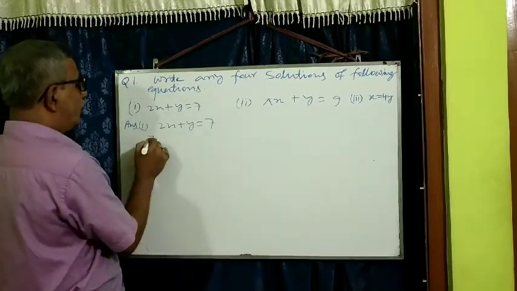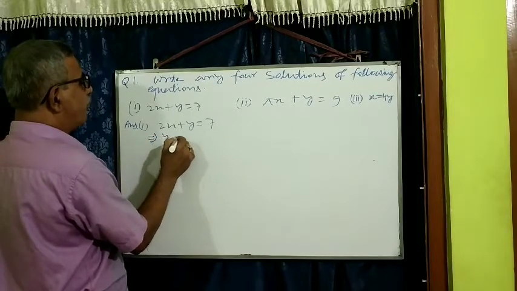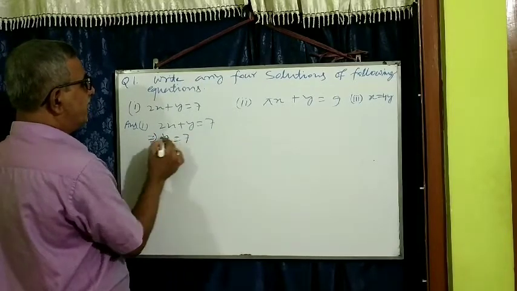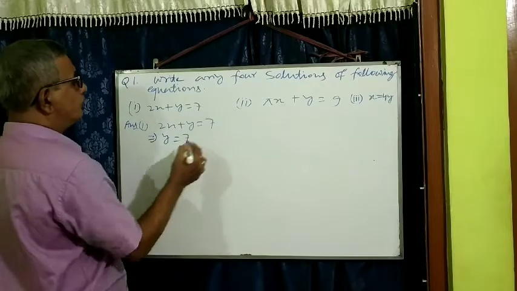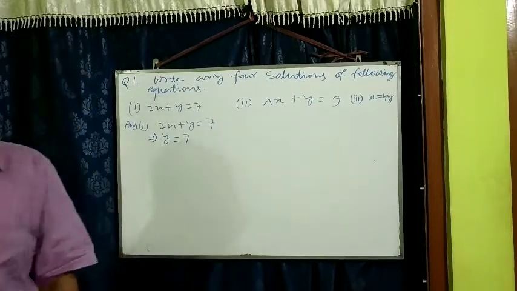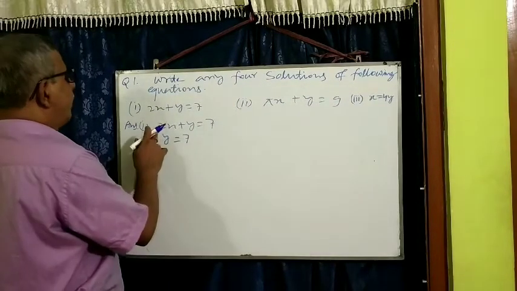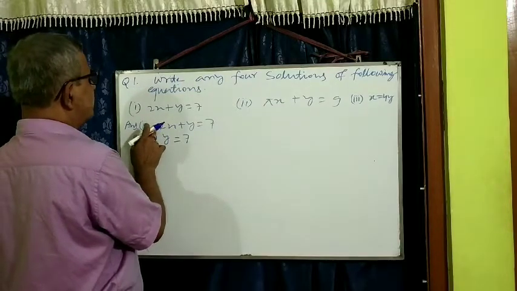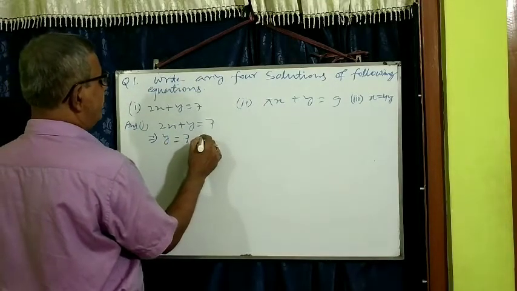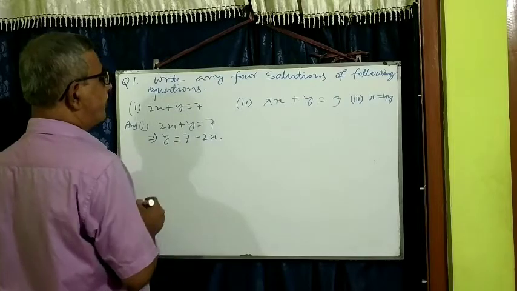So, y is equal to how much you are getting? 7 is there. This 2x will go to the right hand side. When this 2x goes to the right hand side, then what would happen? Do you understand? This plus 2x is there. So this will be minus 2x.